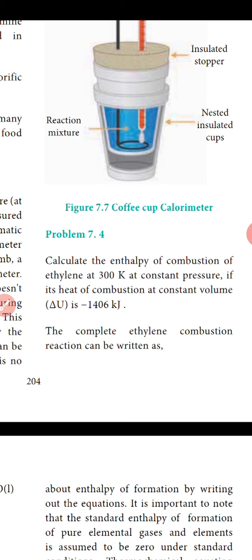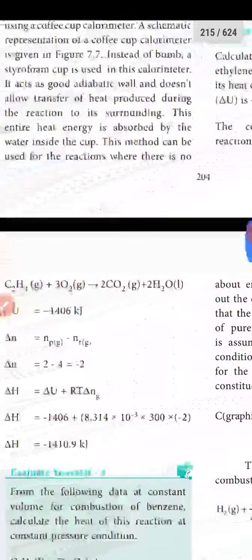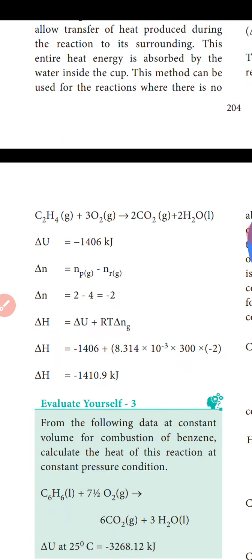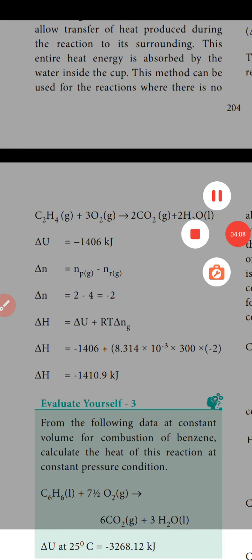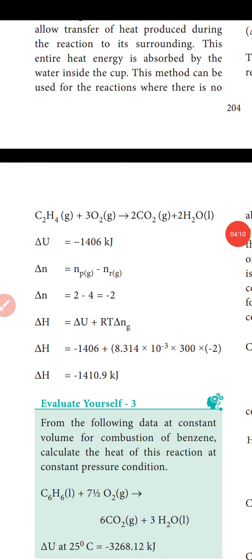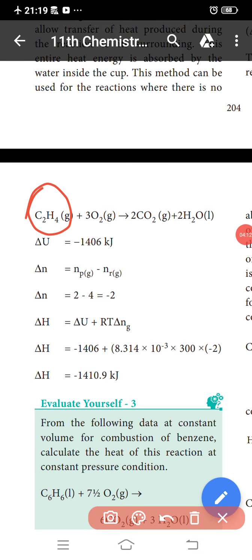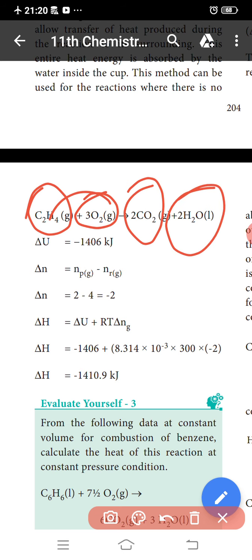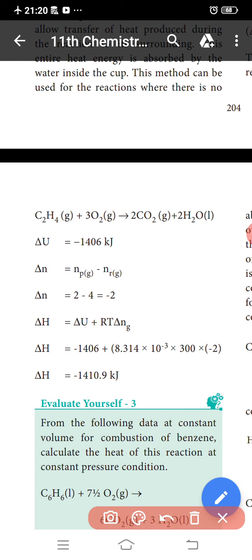The complete ethylene combustion reaction can be written as follows: C2H4 plus oxygen gives the products carbon dioxide and water. Ethylene, oxygen and carbon dioxide are in the gaseous state, and water is in the liquid state.